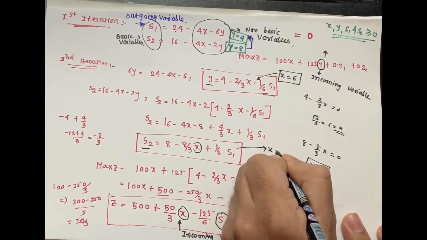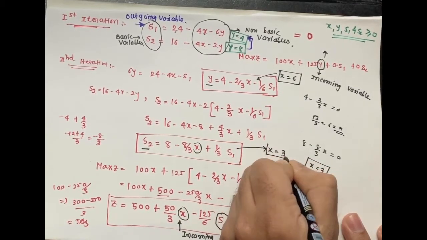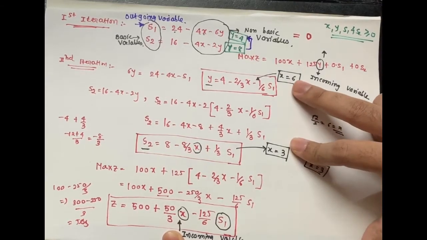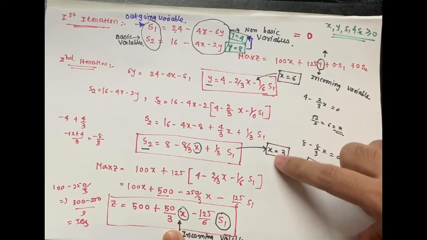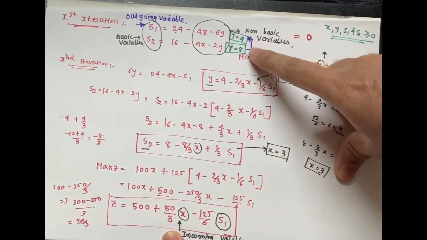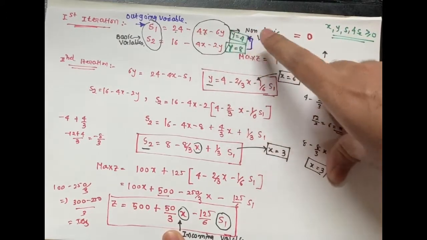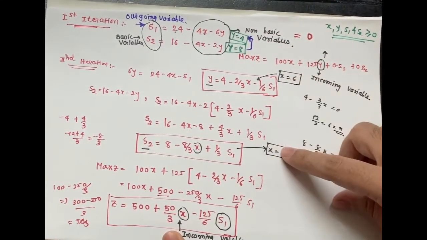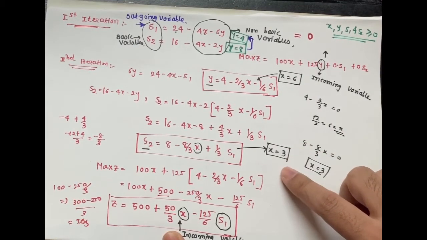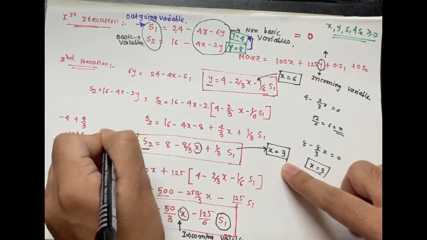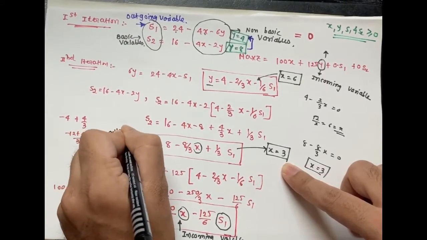So the maximum value of x that can be increased in this equation is up to 3. So among these two, the lowest value I am getting for x is for the s2 case. Likewise, in the first iteration, I selected s1 based on the value of y equals 4. Here, by comparative analysis, the lowest value is for s2, meaning s2 will be the leaving variable. It is my outgoing variable in this case.